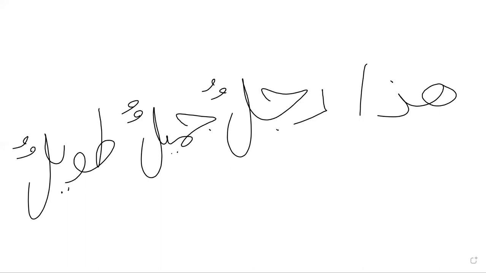Okay, so hadha rajulun jamilun tawilun. This is a tall and good looking man. Literally it says this is a man good looking tall. So this is how the sentence structure works in Arabic language.